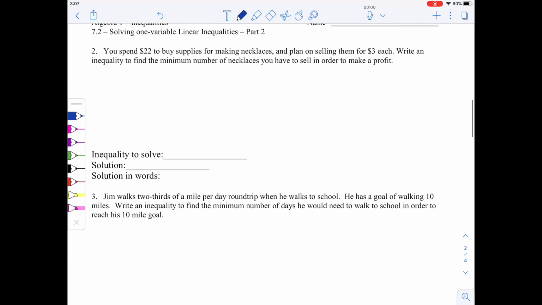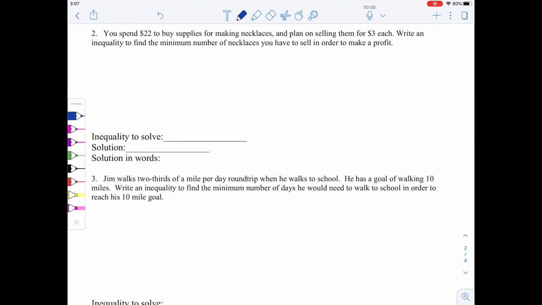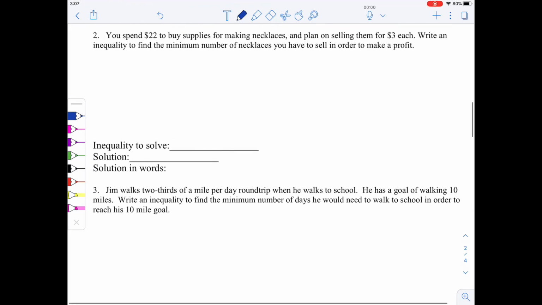Okay, number 2. You spent $22 to buy supplies for making necklaces, and you plan on selling them for $3 each. Write an inequality to find the minimum number of necklaces you have to sell in order to make a profit. Okay. So this is when we're talking about profit, right? So we're going to write out an equation.